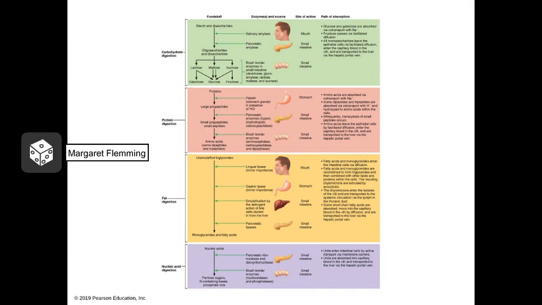So let's start the second part of chapter 23 by remembering our definitions of digestion. We have both mechanical and chemical digestion, and mechanical digestion is simply the mechanical breaking down of food into smaller pieces. The advantage of this is that it increases the surface area for enzymes.